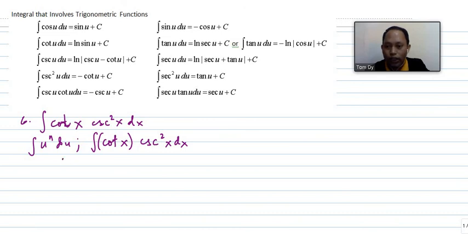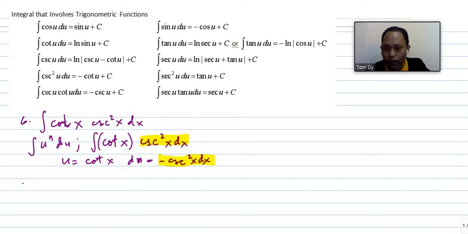So when we check our u, cotangent x, then its derivative, the derivative of cotangent x, equals negative cosecant squared x dx. So this is now similar. The only difference is the sign. So this time this formula u to the n is now applicable because the only difference is the sign.